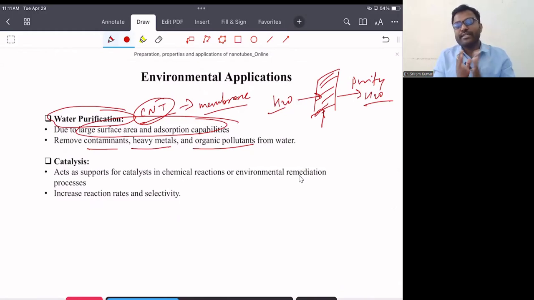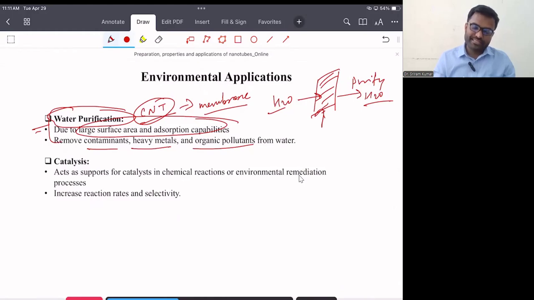It depends on how we functionalize the backbone of the CNT, and based on that backbone functionalization, we can selectively remove specific contaminants from that water. We are going to learn in more detail how we need to develop a CNT-based membrane for the water purification and the air purification process.